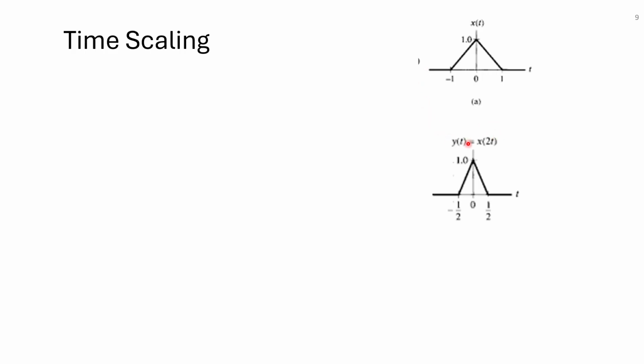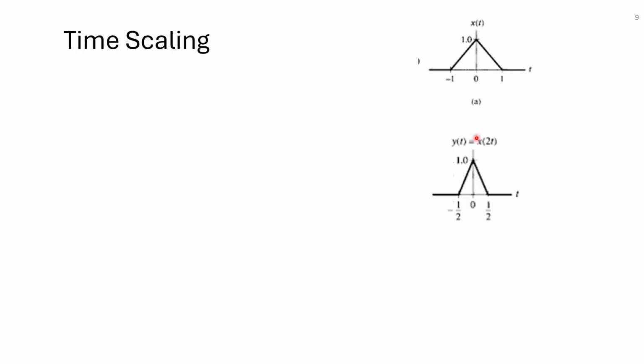Similarly, we have one more operation, that is time scaling, that is multiplication with the time, right? So suppose this is x of t, and now if you multiply the time by 2, then what will happen? On the time axis it will shift closer, because at t equal to half you will get this much amplitude. So your graph is compressing.